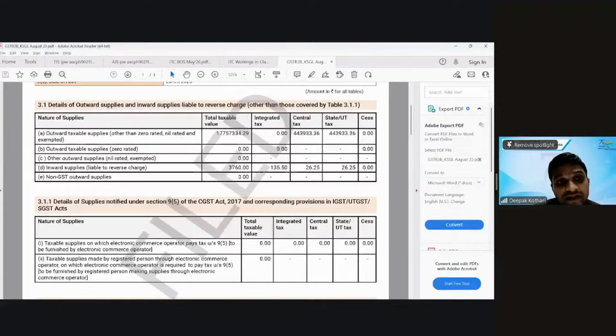This is the GSTR3B return. In this return, I will mention the details of my outward supplies, whatever I'm supplying.